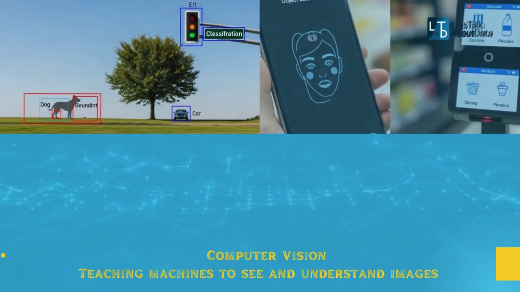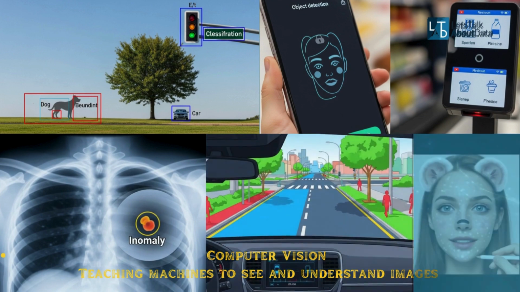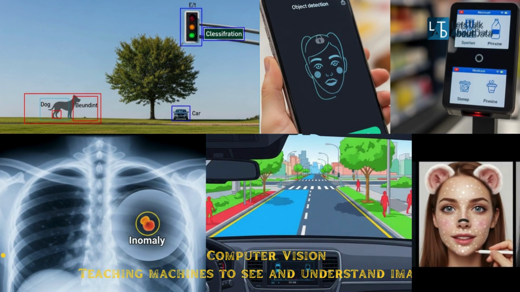Now let's talk about computer vision, training machines to see and understand images. Real-world examples: image classification, figuring out if an image contains a dog, a tree, or a traffic light. Object detection, like spotting faces for unlocking your phone or identifying items in a self-checkout line. Medical imaging, detecting tumors in X-rays or CT scans, often with accuracy on par with expert radiologists.